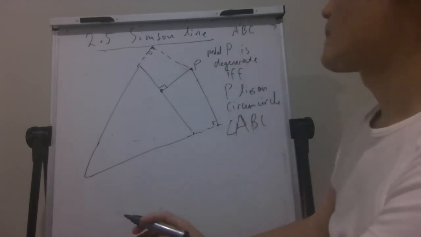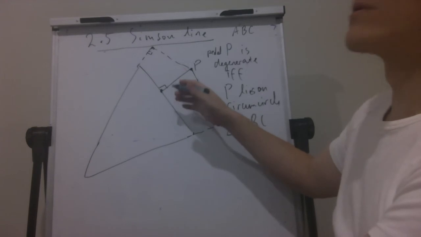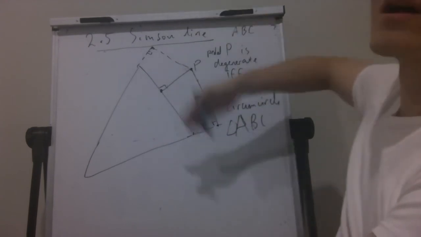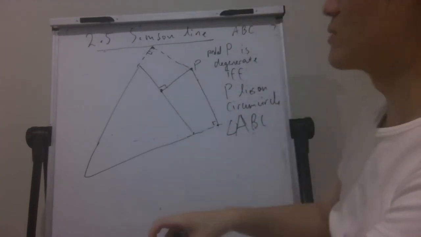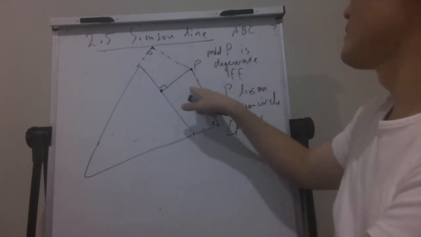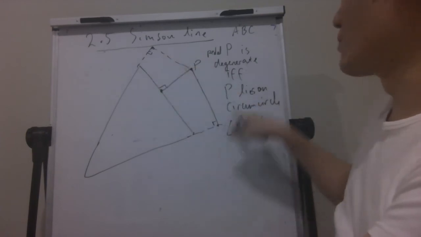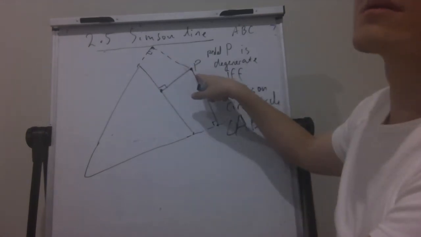And we say the triangle is degenerate if it's not actually a triangle, they're all on the same line, right? So Simson's theorem or Simson line is saying that it's on a straight line if and only if P is on the circumcircle. Okay?